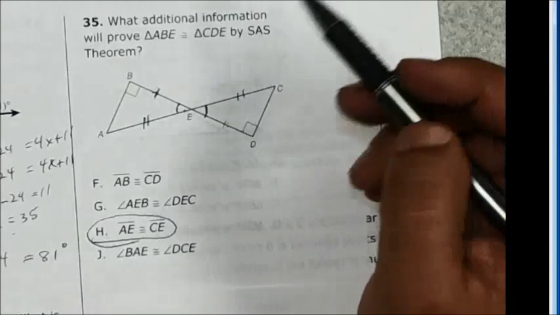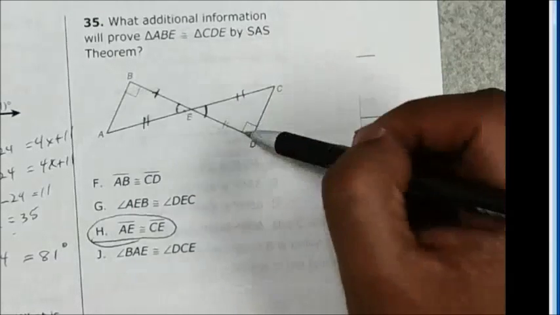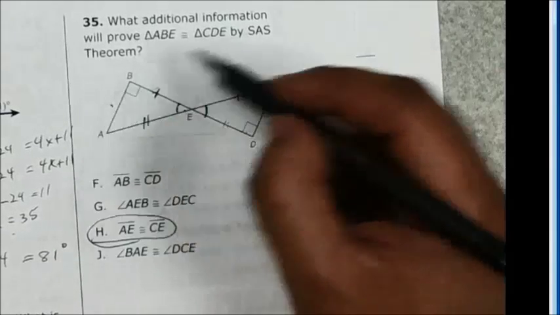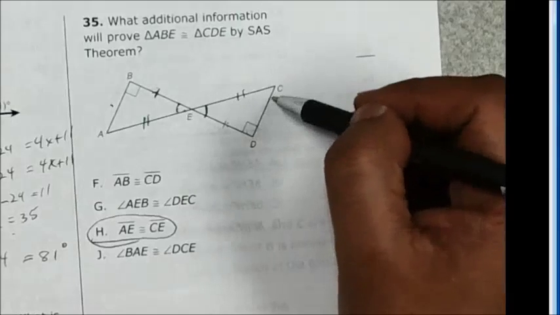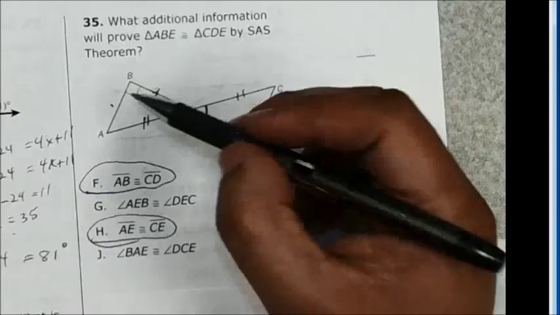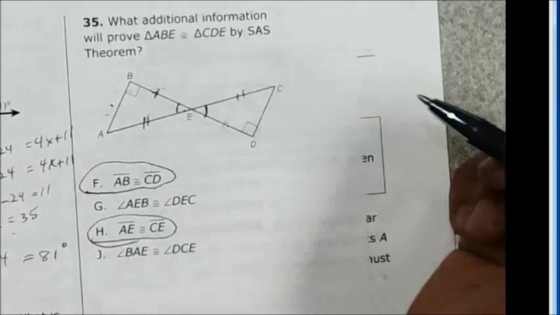The other way that you could look at it, because you know these 2 angles B and D are 90 degrees, you could get this length AB to be congruent to length DC. That would be another way. So this one actually has 2 answers to get side angle side.